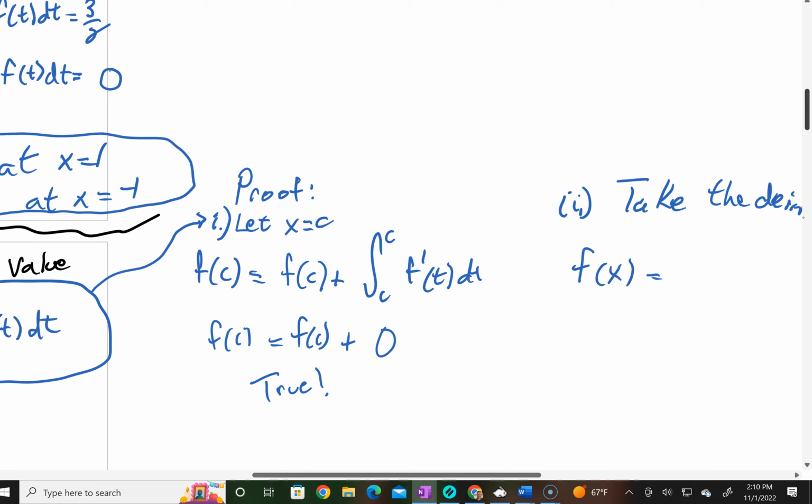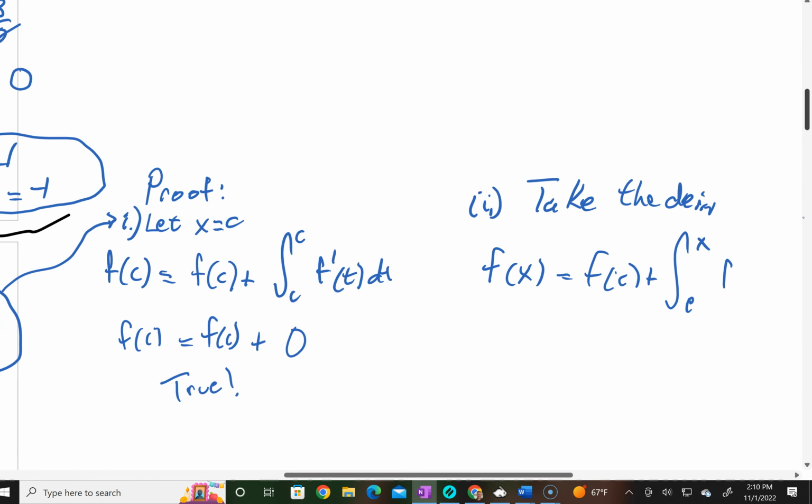F of x equals f of c plus this integral from c to x of f prime of t dt. The golden rule of algebra is what you do to the left side, you do to the right side. That applies to calculus as well, doesn't it? Let's take the derivative on the left.